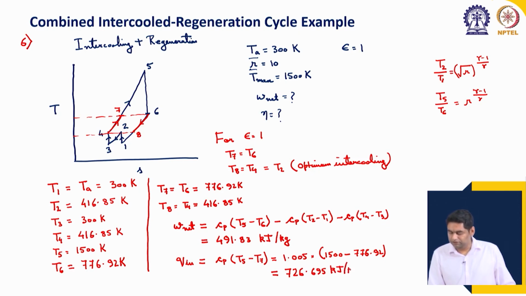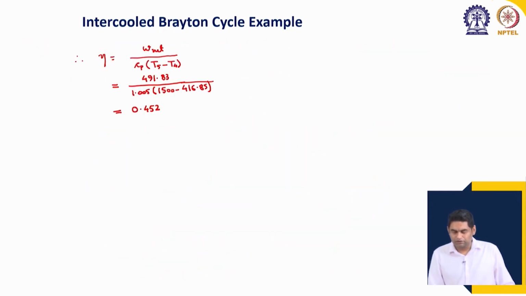Compare this to the previous problem where there was no regeneration. Although we have not exactly found the value of this, if you find it, you will see that it is equal to 1088.6 kilojoule per kg, the heat addition.